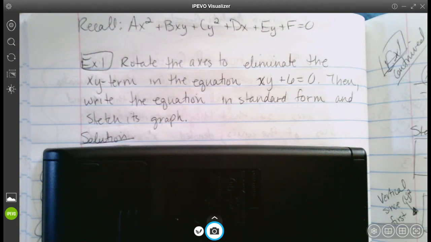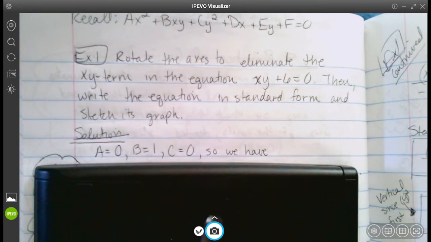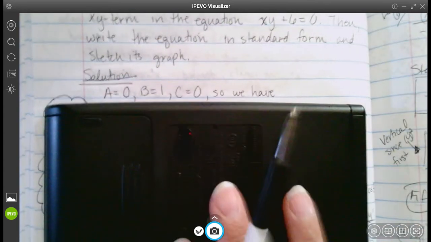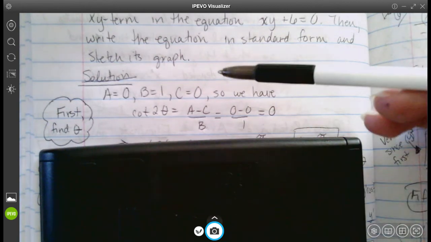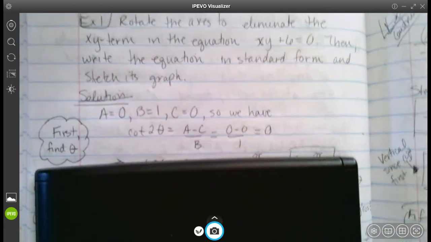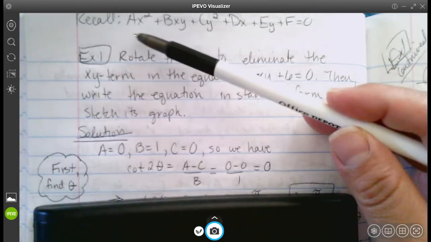We're going to start by finding the angle, to see what angle we're rotating this axis by. According to what I have here, a is the first term.